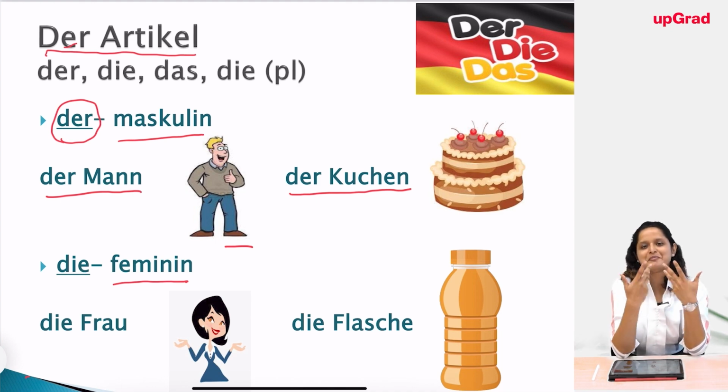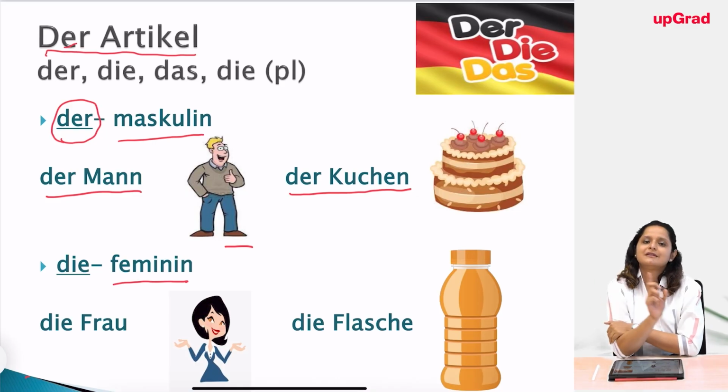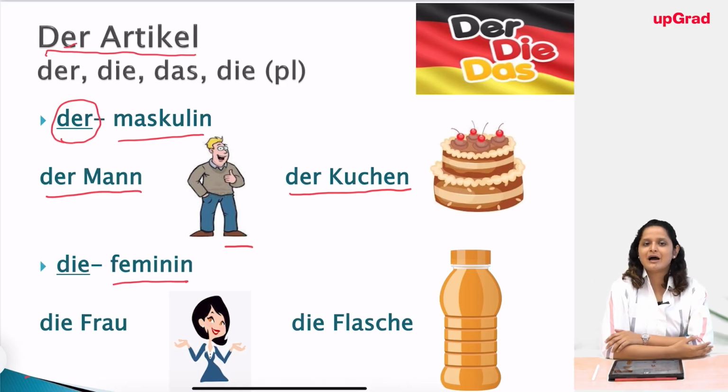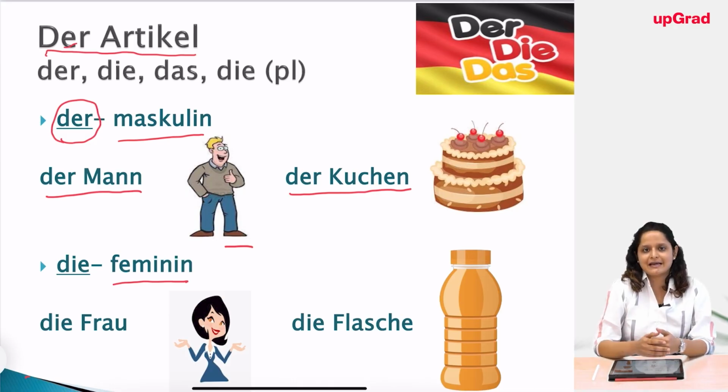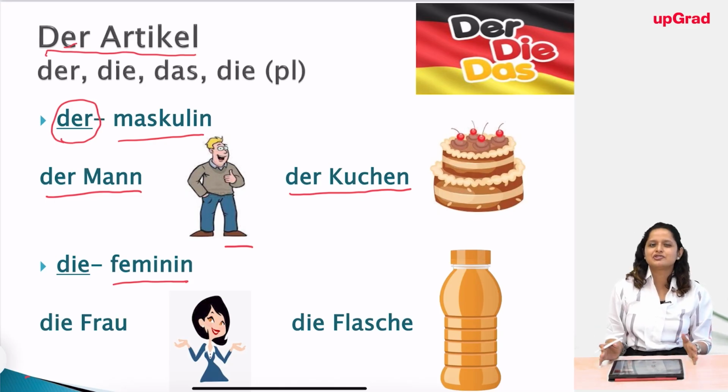So how do we remember this is a question. The first tip is a lot of practice. We always learn nouns together with the genders. We need to know what the noun means, and once you have found out the meaning, also try to remember the gender along with it. For example, we will always say der Mann and not just Mann.